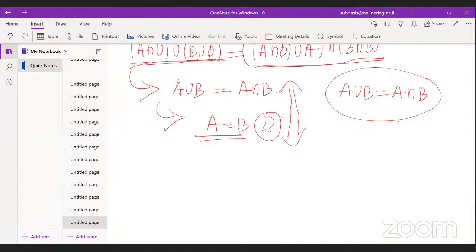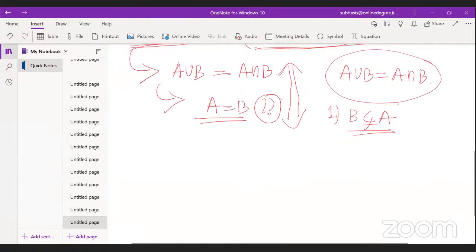First I want to know whether this option is possible or not, whether B is a proper subset of A is possible or not. If B is a proper subset of A, whether this condition will hold or not. This is what I want to check.